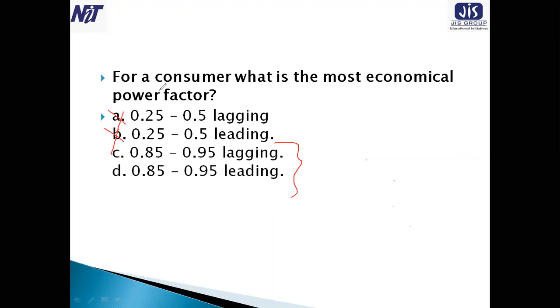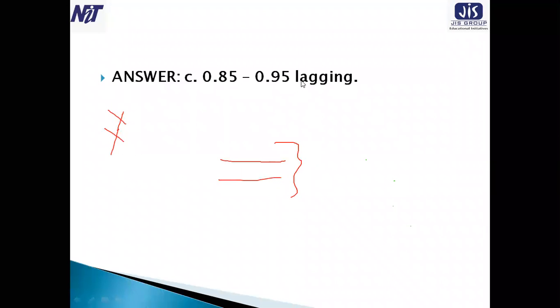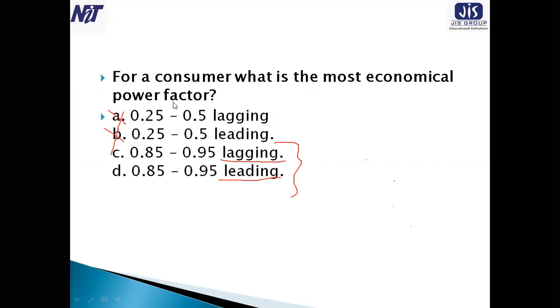Now think on it, the most economical power factor, 0.85 to 0.95 lagging or leading. Write your answer. The answer is lagging, because it is for an inductive circuit. So the correct answer is 0.85 to 0.95 lagging. For the consumer, the most economical power factor: C will be the answer, 0.85 to 0.95 lagging.